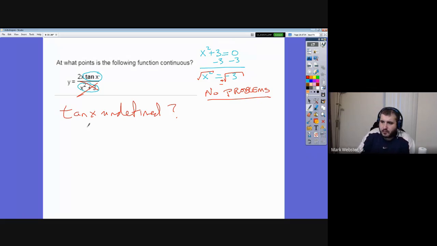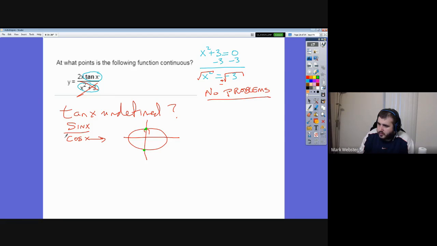If we break down tangent, remember tangent is sine divided by cosine, right? So we're looking at this and we're saying, where's cosine 0? Because we can't have a 0 in the denominator. And cosine is 0 at pi over 2, 3 pi over 2, 5, 7, 9 pi over 2, all those pi over 2 ones.